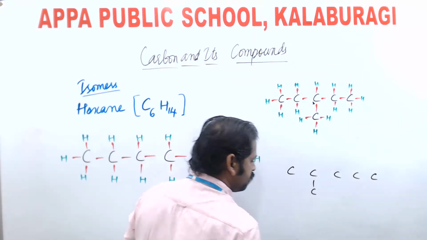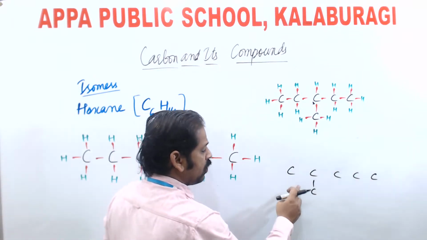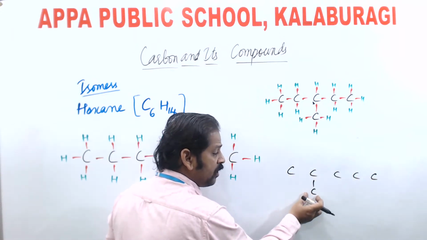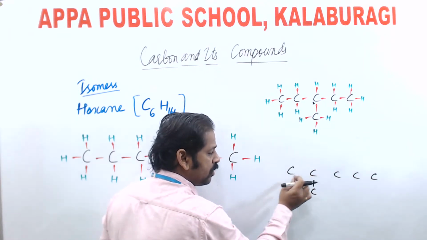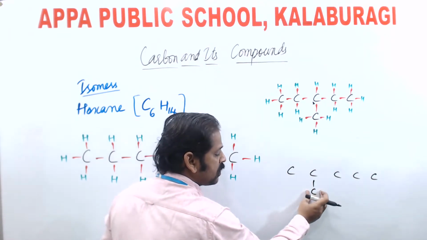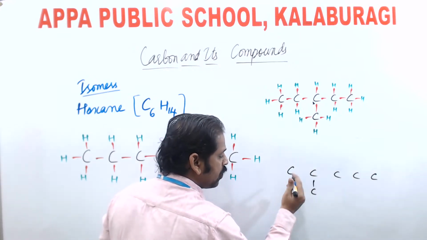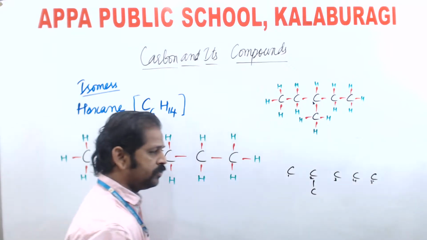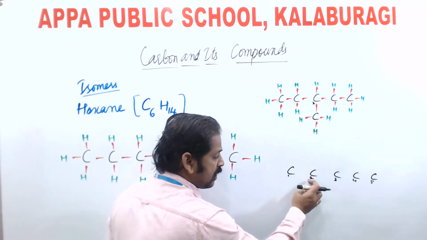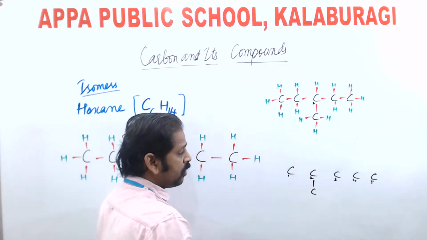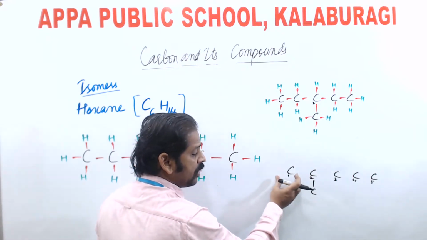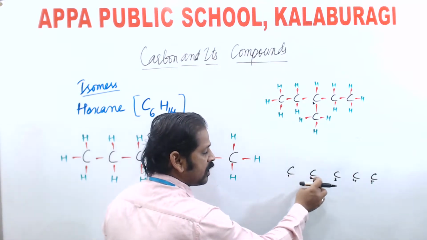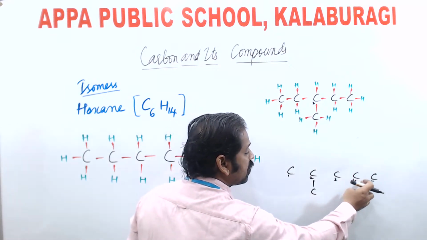If you count like this, the carbon with the attached group is near this side carbon, so this is called the second carbon. So this is called the first carbon, second carbon, third carbon, fourth carbon, fifth carbon.